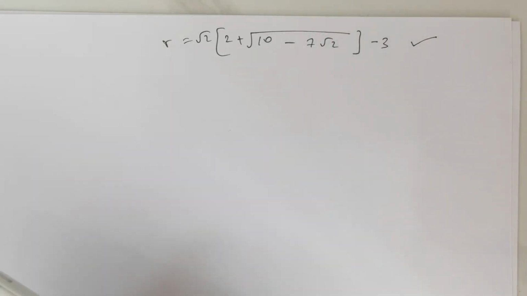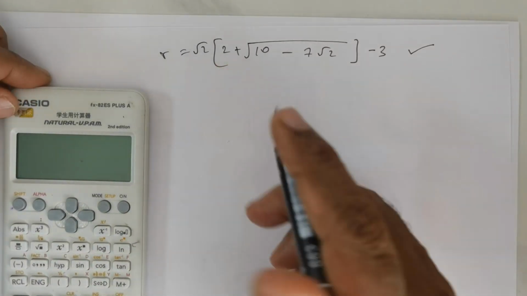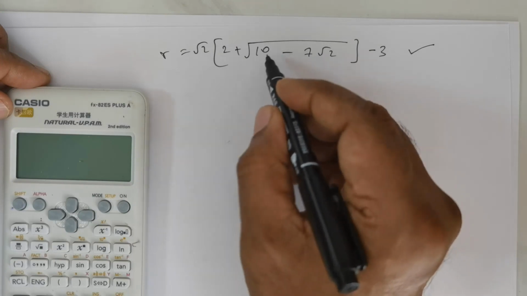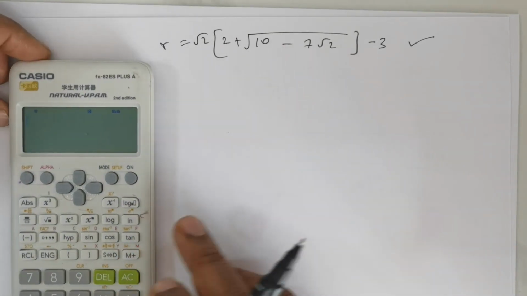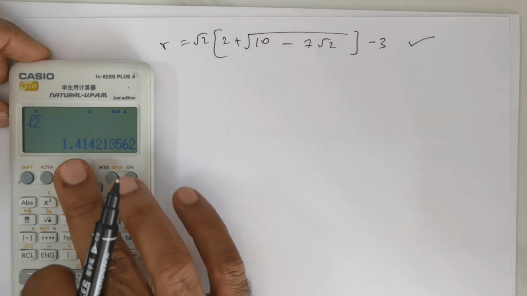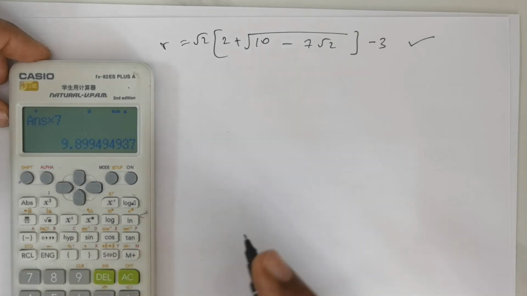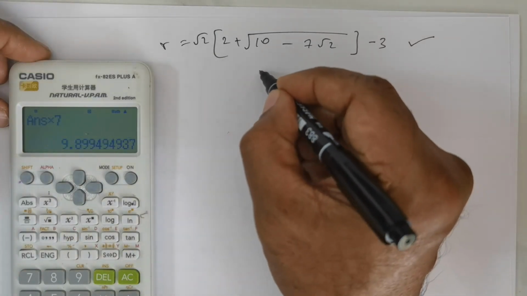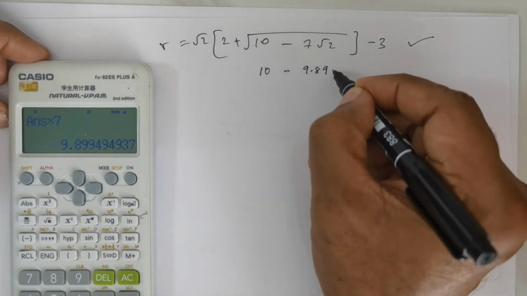So I would go on to evaluate this value. Foremost I will evaluate this. This is going to be 7 times root 2. Root 2, if you take the value of root 2, that's 1.414, right? 1.414 multiplied with 7 is going to give me 9.899.